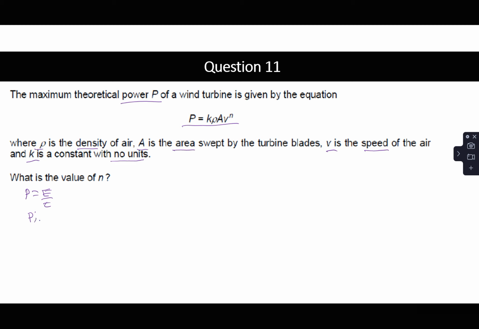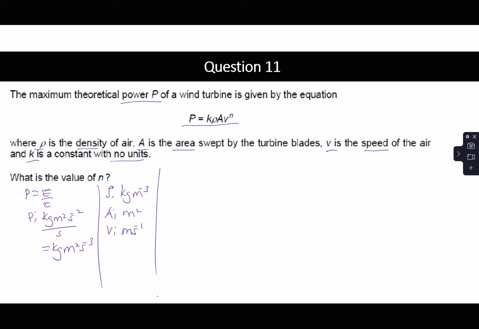So the base units of power are kilogram meters squared per second squared divided by seconds, which simplifies to kilogram meters squared s to the power negative 3. The base units of density are kilograms per meter cubed. Then cross-sectional area, that is meters squared. Speed, that will be meters per second.